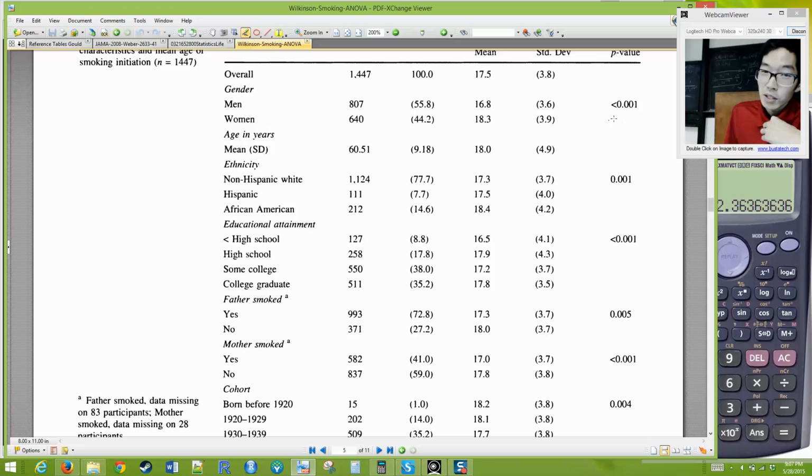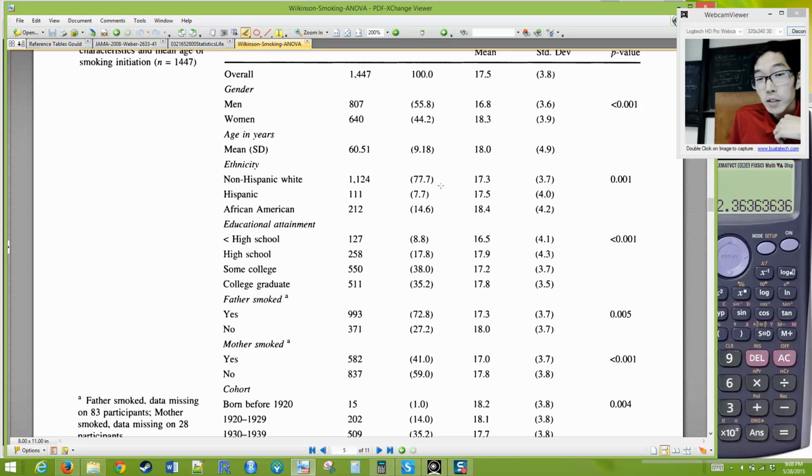They also looked at ethnicity. And there are 3 categories for ethnicity: non-Hispanic white, Hispanic, African American. The study took place in America, and these were the different means, and this is the p-value. They had to do a one-way ANOVA, and the only shortcoming here again is your p-value is 0.001, which means ethnicity seems to be significant.